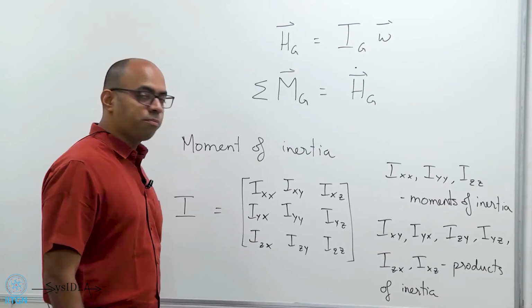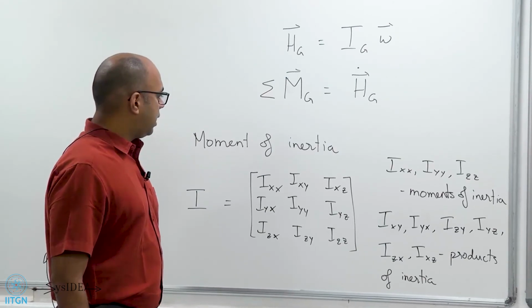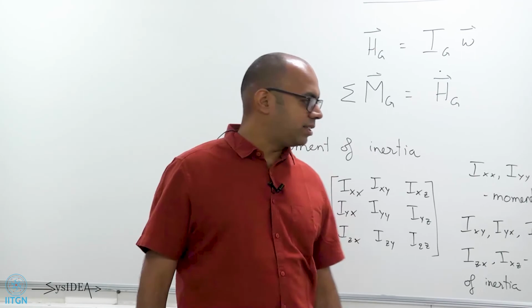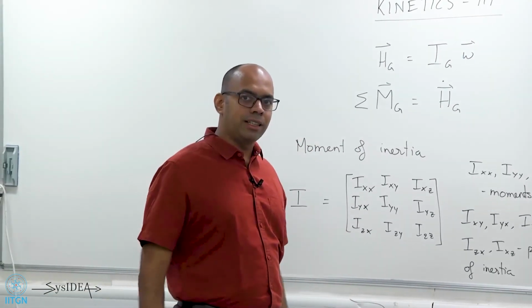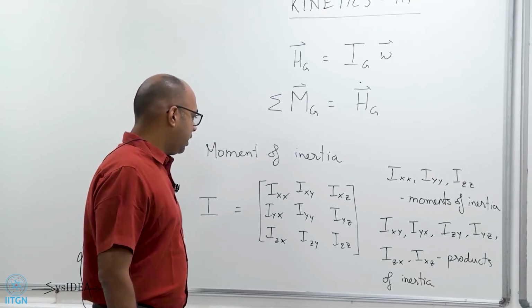And it's a positive definite matrix, barring the fact that any one of the dimensions in a rigid body is 0. So it's not an infinitely thin rigid body. This always ends up being positive definite.